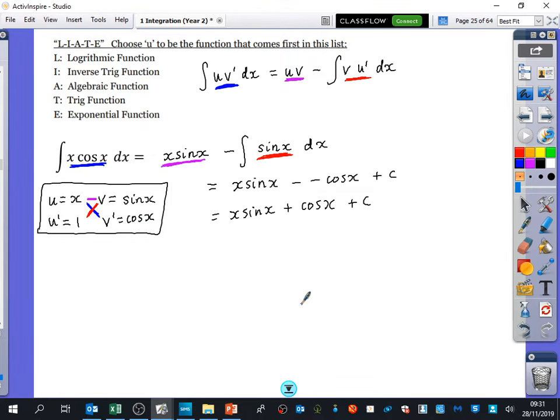Look how much easier it is than substitution. No, because if you think what would happen if you did these the other way around, if you had the x here, what would you get here?